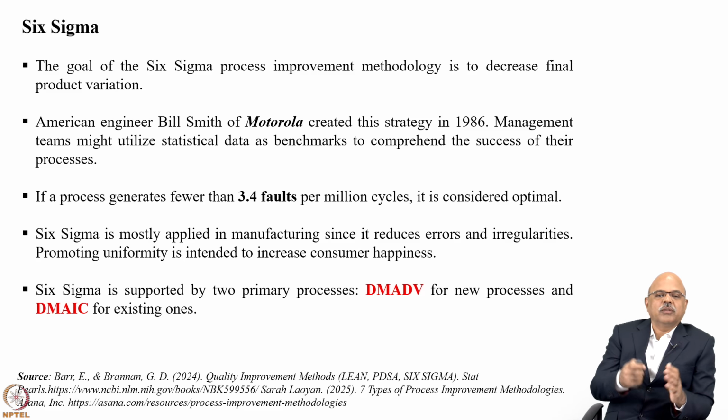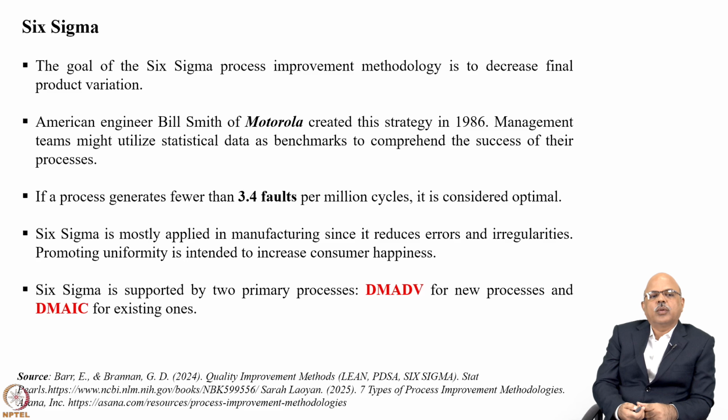A lot of the time there is accumulated waste also, and accumulated waste becomes an issue of sustainability in the organization. American engineer Bill Smith of Motorola created this strategy, and there has been a lot of emphasis on Six Sigma from 1986 till now in 2025.